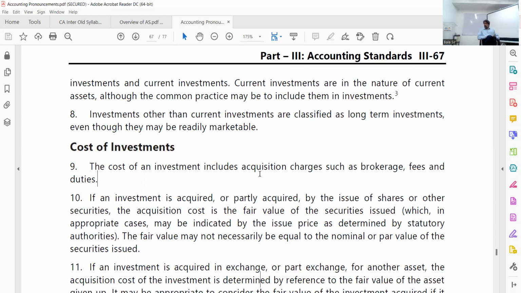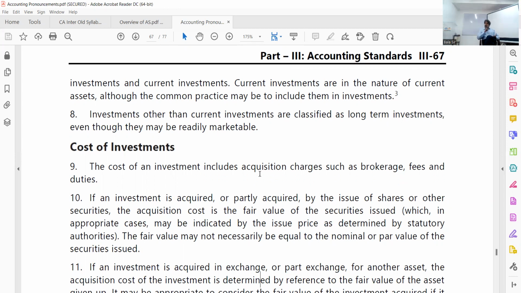So very simple. Suppose you want to buy some shares, let's say, through a broker. One, you have to pay for the shares, the price you pay for the shares. And then add all the acquisition charges, such as brokerage, or any fees charged by the broker.